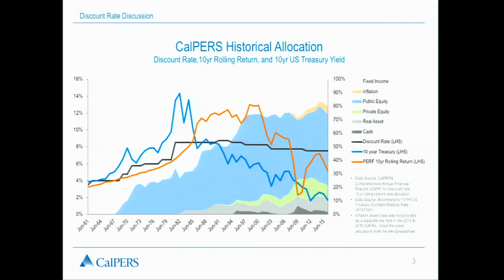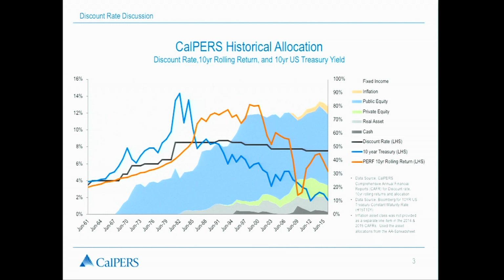The dark line that starts out similarly around 4%, goes up and stays level and then slowly works its way down, is the CalPERS discount rate. And that's the discount rate that we've been using to calculate the liabilities and the contribution amounts for the plan. If you look at the background, those colors indicate the asset allocation that CalPERS has used over the years.